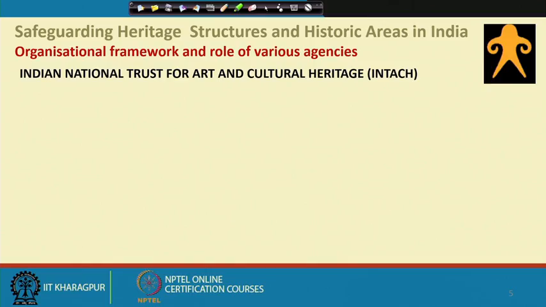While we have been talking about the organization and the government role, we also must understand there are voluntary organizations who play a very important role in awareness, and not only awareness, but capacity building and more. One of the very important organizations which has really been playing a pioneering role is INTACH, the Indian National Trust for Art and Cultural Heritage.